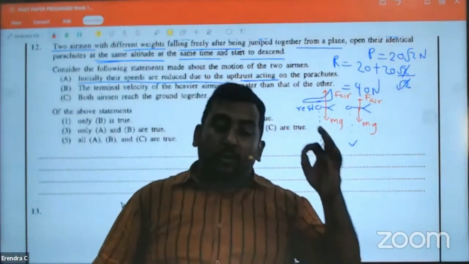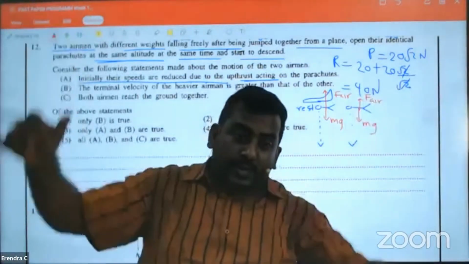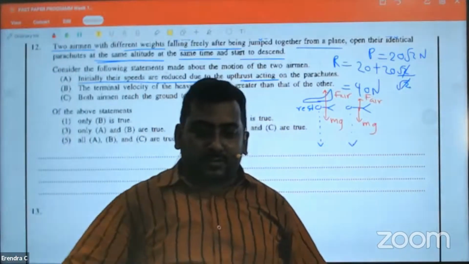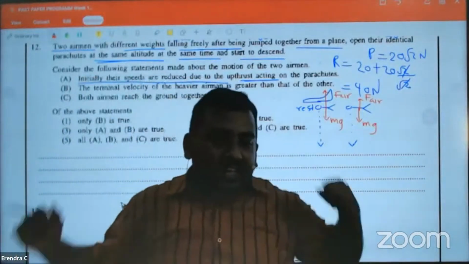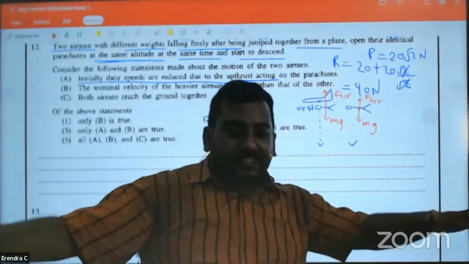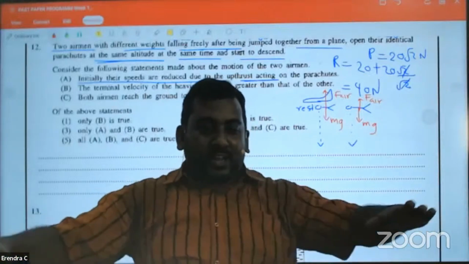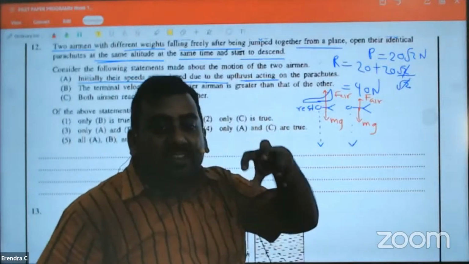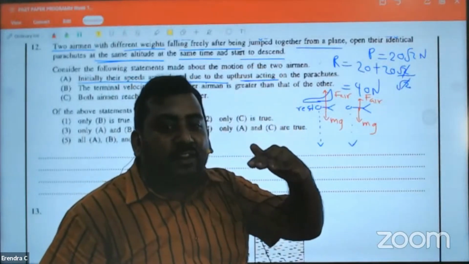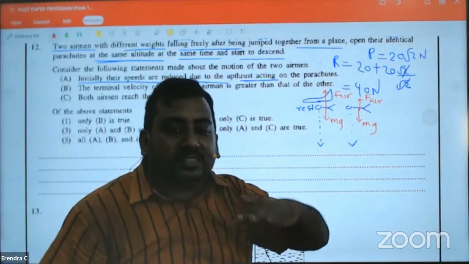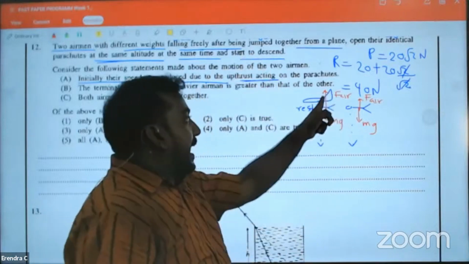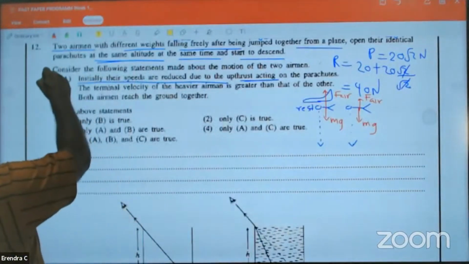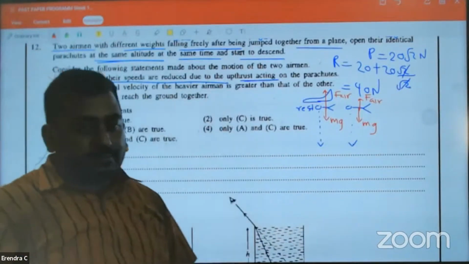Have you seen a fellow jump from a plane with the parachute opening at once? No. The fellow falls down, then only opens the parachute. That means they reach something called a terminal velocity, that means constant velocity. Initially air resistance is only slowing them down, not upthrust. Statement A is wrong.